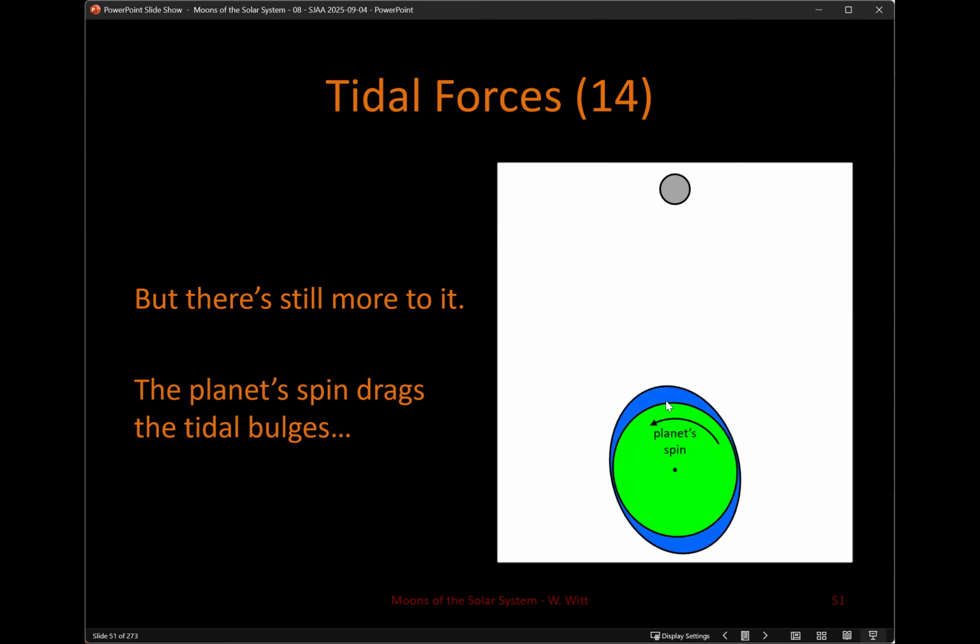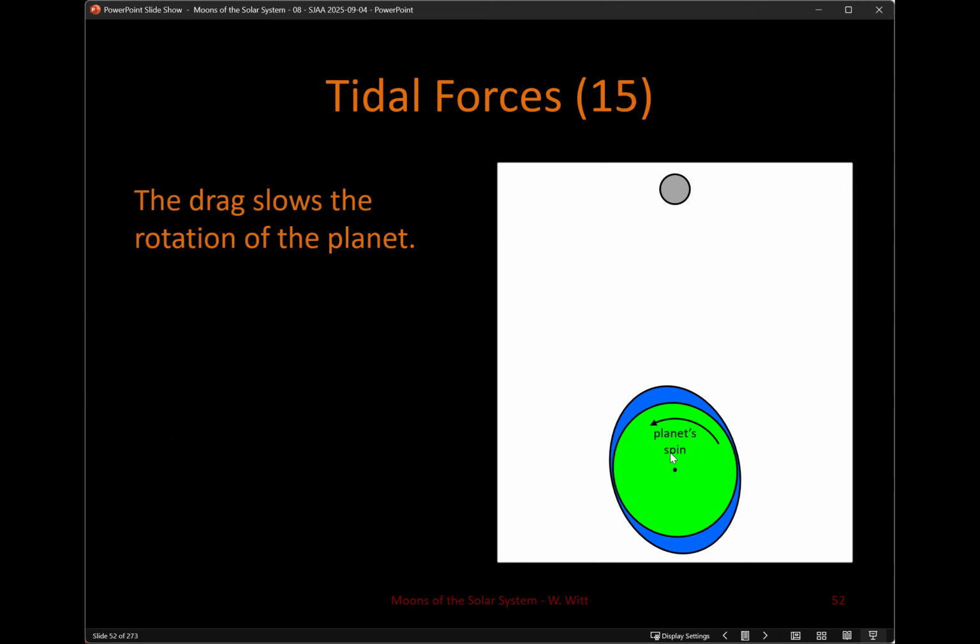And so what we end up getting is that the bulges really look like this. It's still kind of facing the moon, but it's actually being pulled a little bit over this way, in the direction of the planet's spin. And a similar effect is visible at the other end. Again, this is a real effect that we see here on Earth.